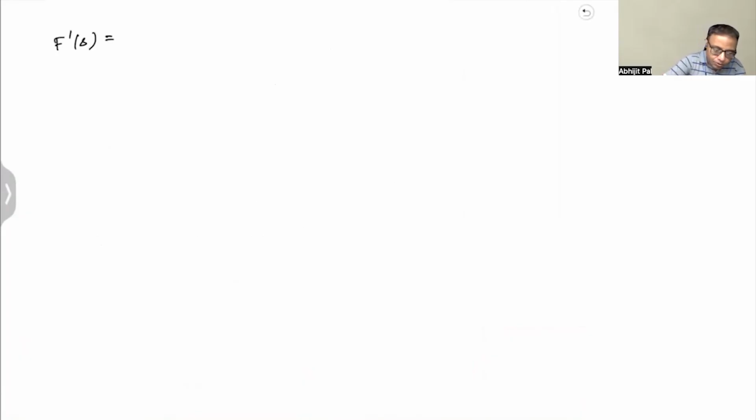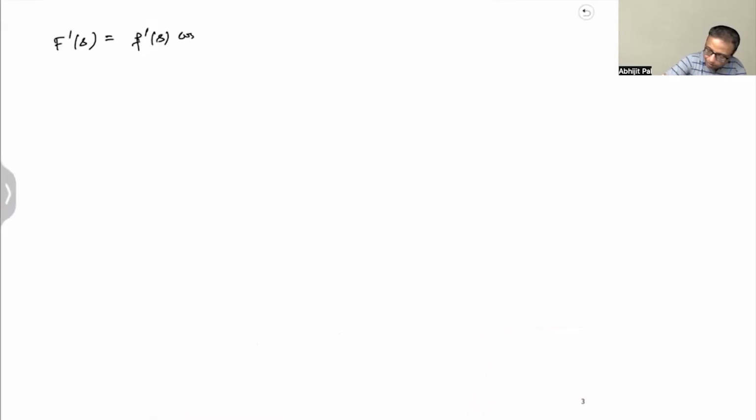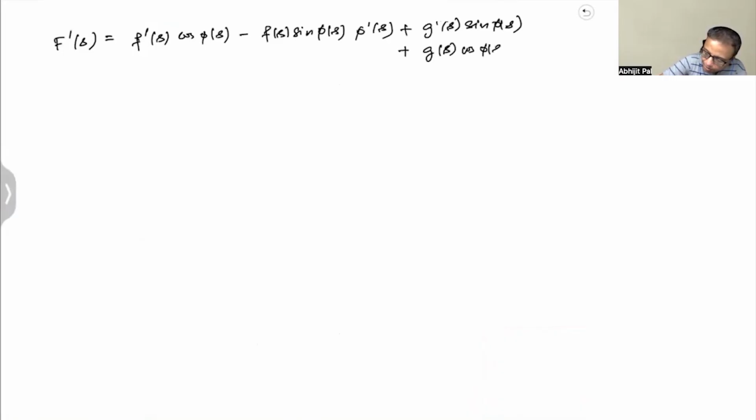This will be equal to f prime s cos phi s minus f of s sin phi s times phi prime s plus g prime s sin phi s plus g s cos phi s times phi prime s. Okay, so you'll get this thing.